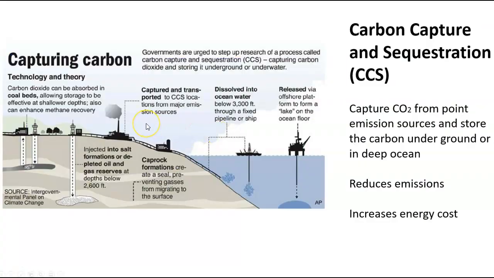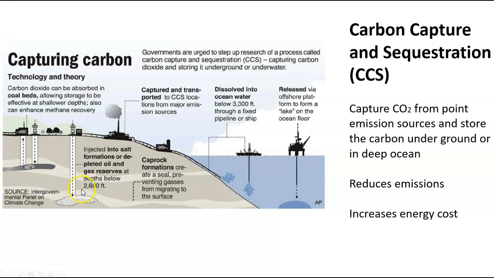So let's look a little bit more at this carbon capture and storage. Here we have some examples of where you could store this carbon. You have to have these point emission sources, like your coal burning plant or natural gas burning plant. We put the carbon dioxide into coal beds, or push it into oil beds, where it's actually already used, because it makes the oil easier to extract.